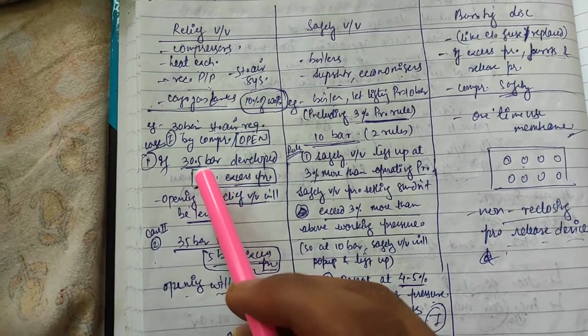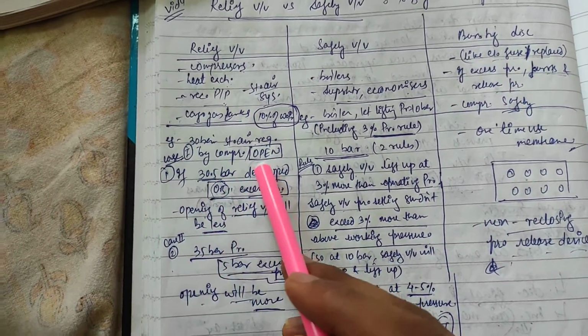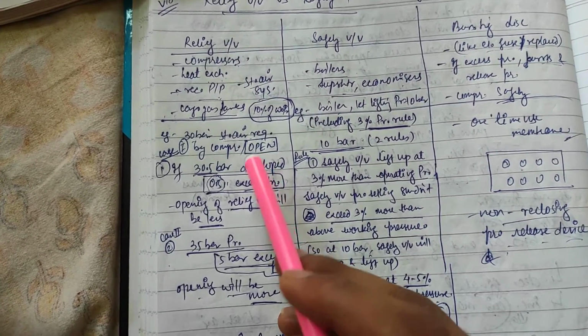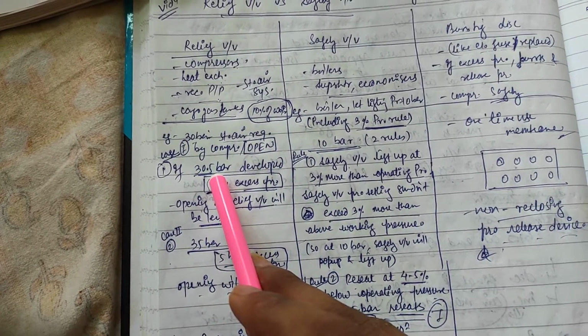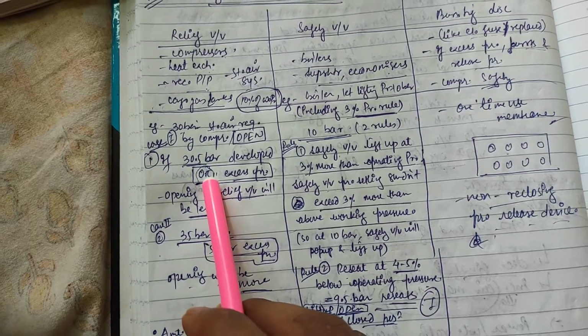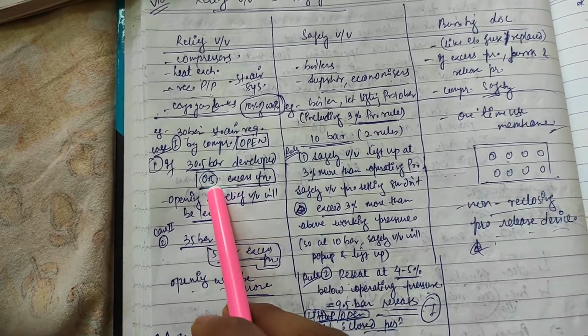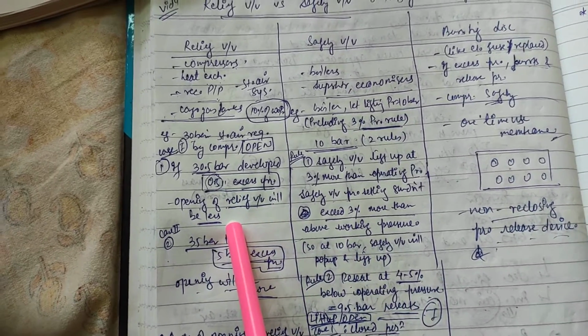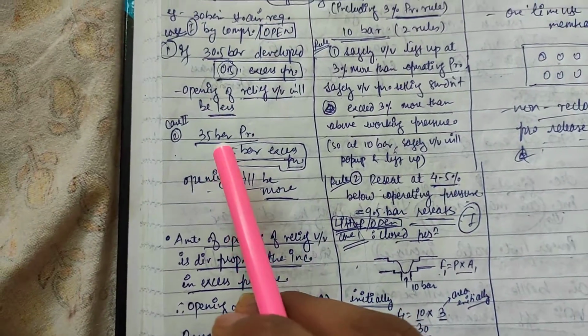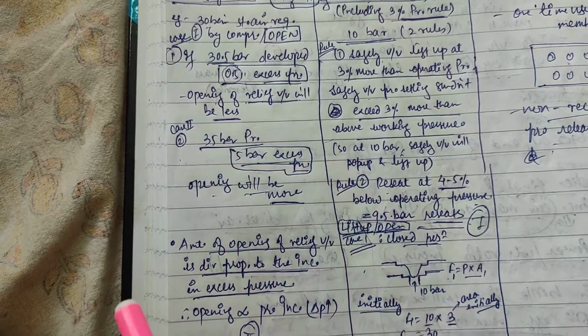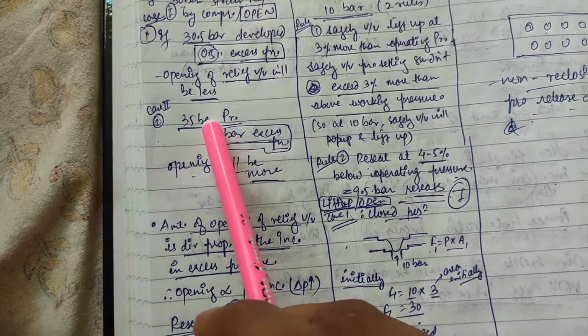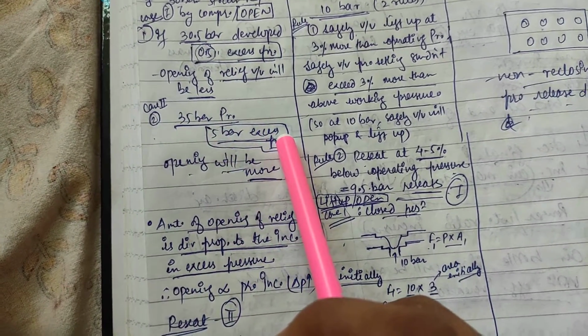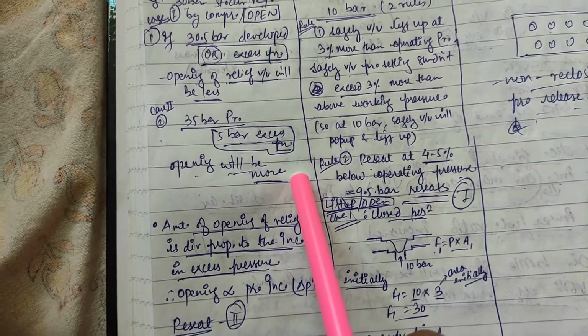So guys, let's take case 1, for opening of the valve. The setting is at 30 bar, and 30.5 bar is developed, so there is 0.5 bar excess pressure, and the opening of the relief valve will be less. Now case 2 is 35 bar, so 35 minus 30, 5 bar excess pressure is there, so the opening will be more.